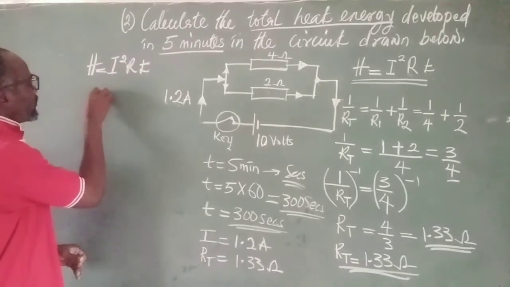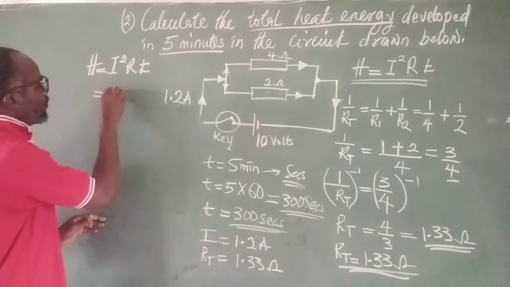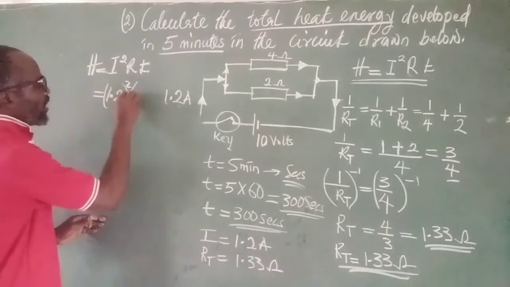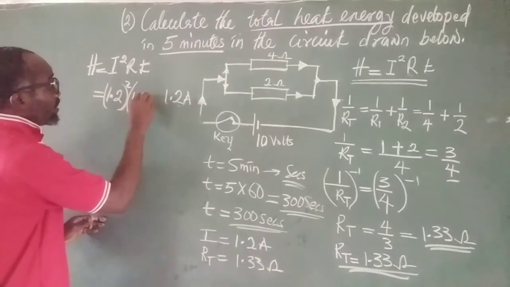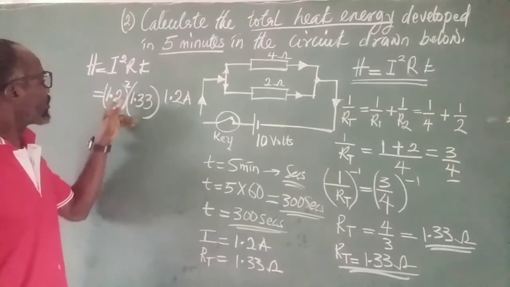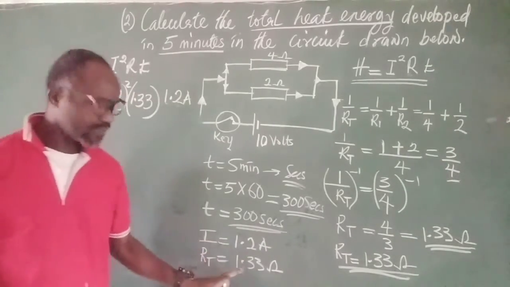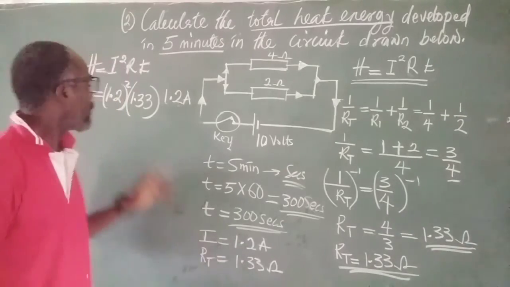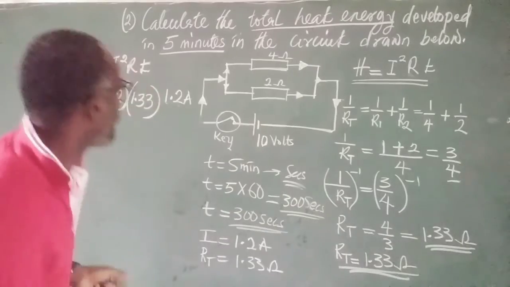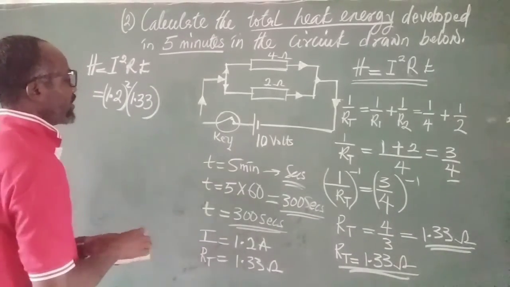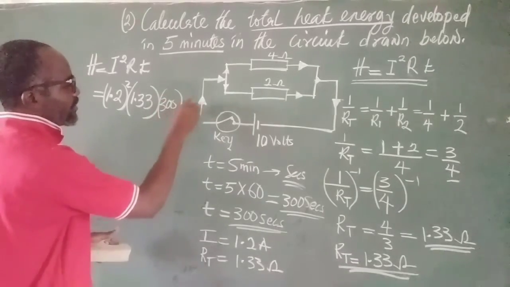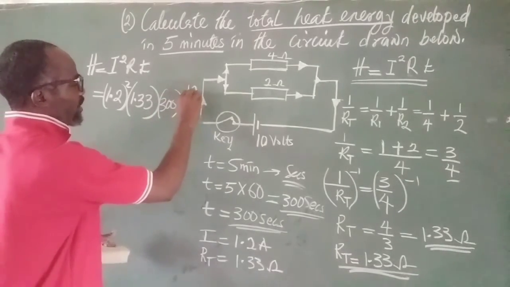For current we have 1.2 all squared. Resistance is 1.33, and the time we converted is 300 seconds.